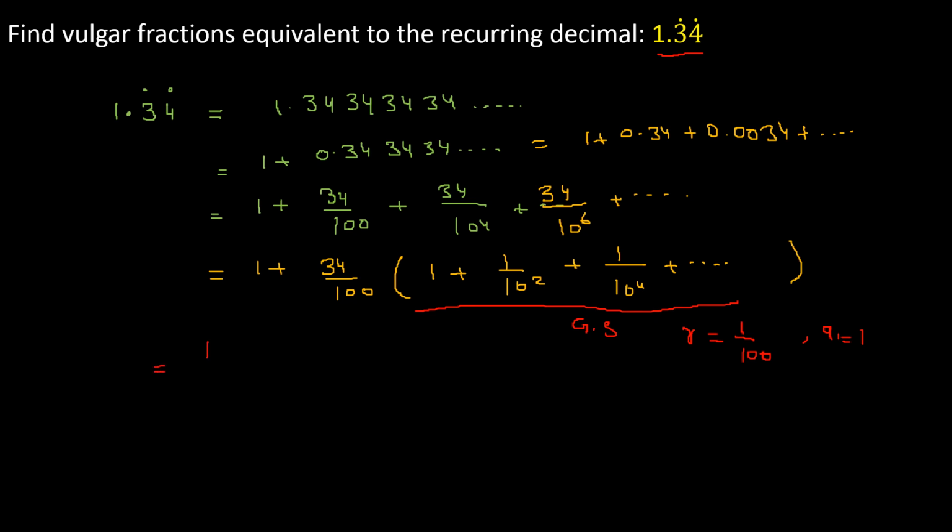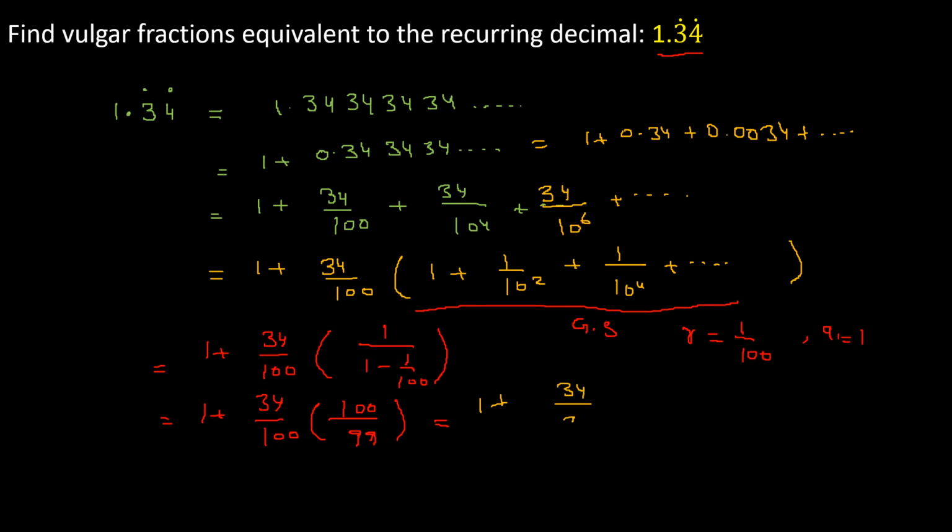So from here that will be equal to 1 plus 34 over 100 into bracket, a1 which is 1 over 1 minus r, where r is 1 over 100, which makes it equal to 1 plus 34 over 100 into 1 minus 1 over 100 makes it 99 over 100, so 100 over 99 we can write this, which makes it 1 plus 34 over 99, which is actually 133 over 99.